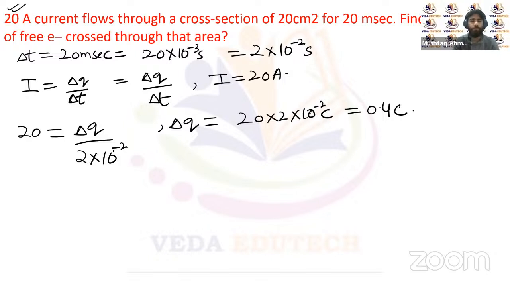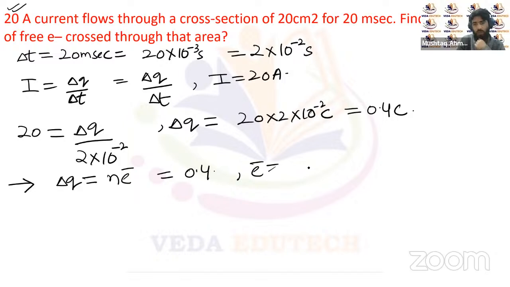But we have to calculate the number of free electrons crossed through that area. We know that by quantization of charge, delta q is an integral multiple of the electronic charge, that's Ne. This delta q is 0.4 coulombs, and e is the electronic charge, equal to 1.6 into 10 to the power minus 19 coulombs.